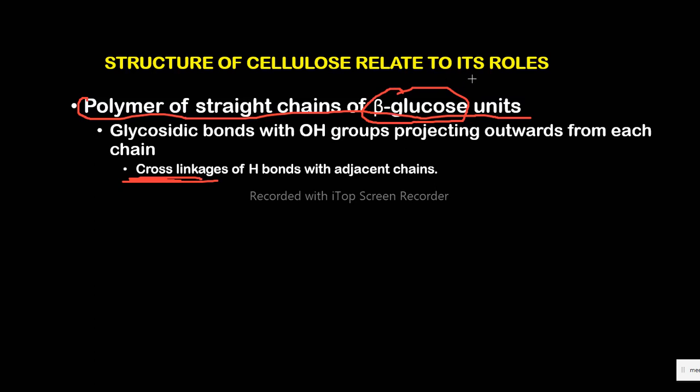Because they are beta glucose units, when condensing, the second glucose unit must somersault. It must rotate 180 degrees. The process of rotating makes the OH groups appear on different sides, hence making cross linkages with adjacent cellulose fibers.